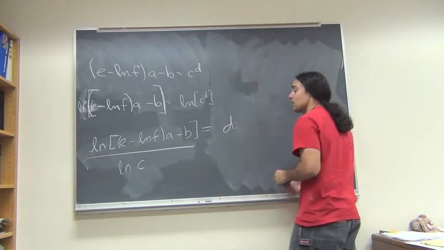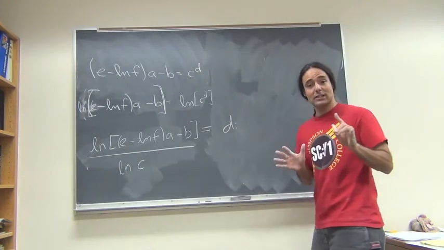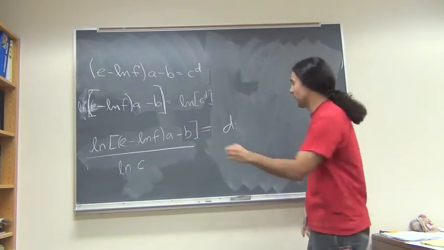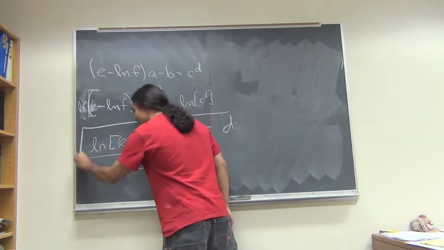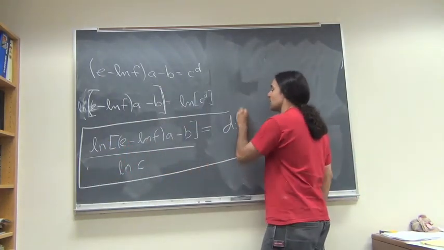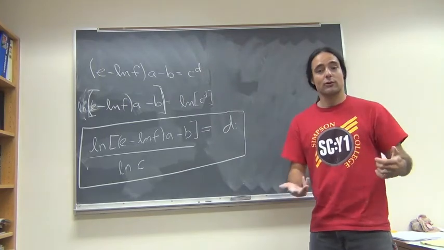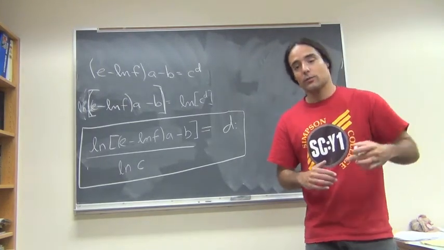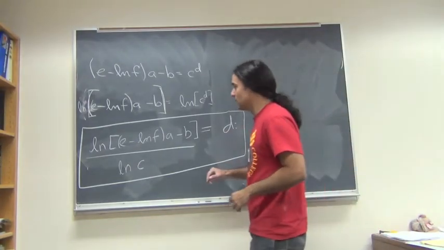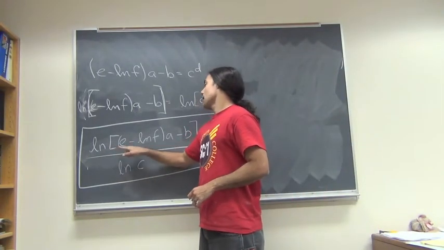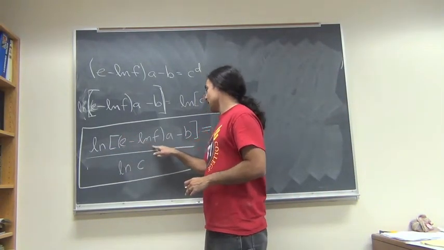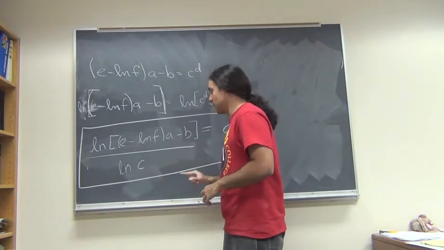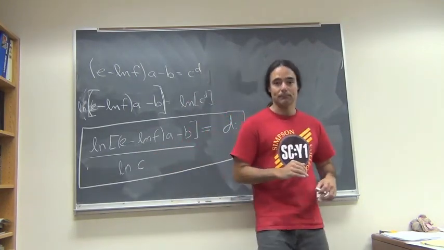Now this is a nasty expression, no question about that. But it's a nasty expression that I did not have to plug numbers in because I was just moving the letters around, using the rules of algebra. So we get that d is the logarithm of the whole thing, e minus log f times a minus b, divided by log c.